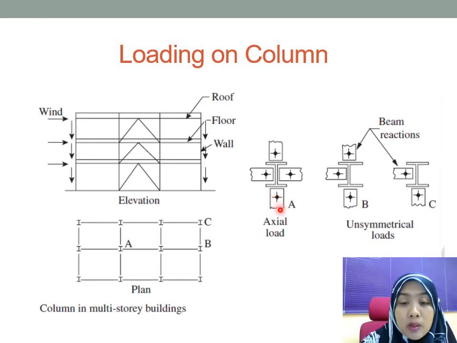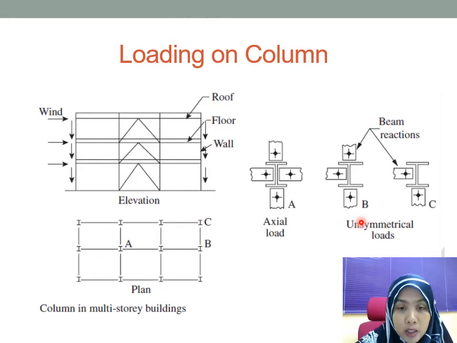So you add the shear force from the beams here, here, here, and here, then you get your total axial force on column A. This is what we call axial load. We also have unsymmetrical loads for column B and column C. We take the beam reactions and total them up so that you get your NEd value.